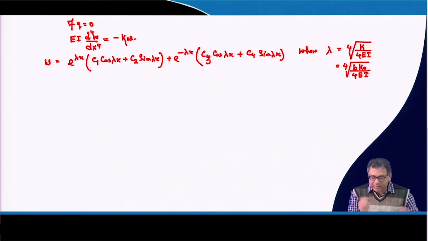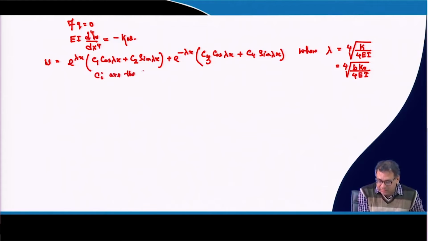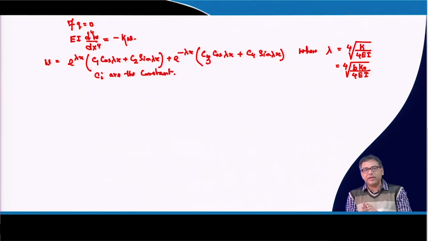C1, C2, C3, C4 are constants. So, this is the basic solution for this equation, where q is equal to 0, and these constants we have to determine by the boundary conditions.